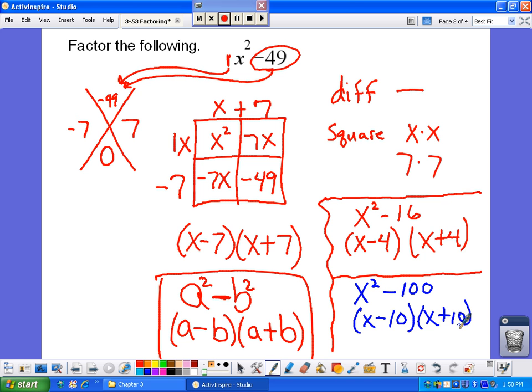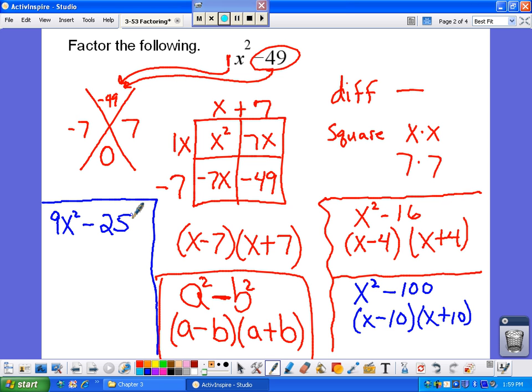And let's take it just one more step. This one will be a little different. What if I had 9x squared minus 25? Now, if I had to multiply 9 times 25 and build a diamond with this, the numbers would be huge. It's not impossible, the numbers would just be pretty big.